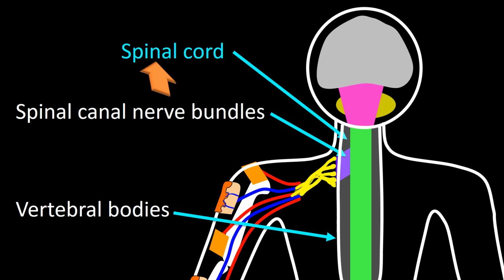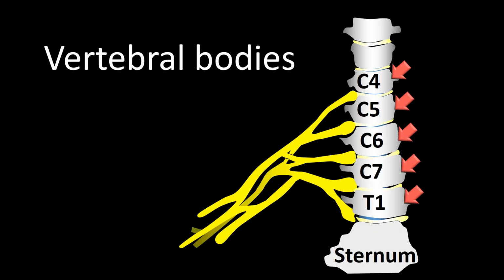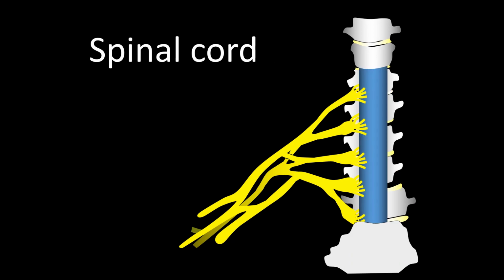I'd like to tell you about the segments of the spinal cord involved in the formation of the brachial plexus. Were we to remove the vertebral bodies as indicated here by the arrows, we would see the spinal cord.